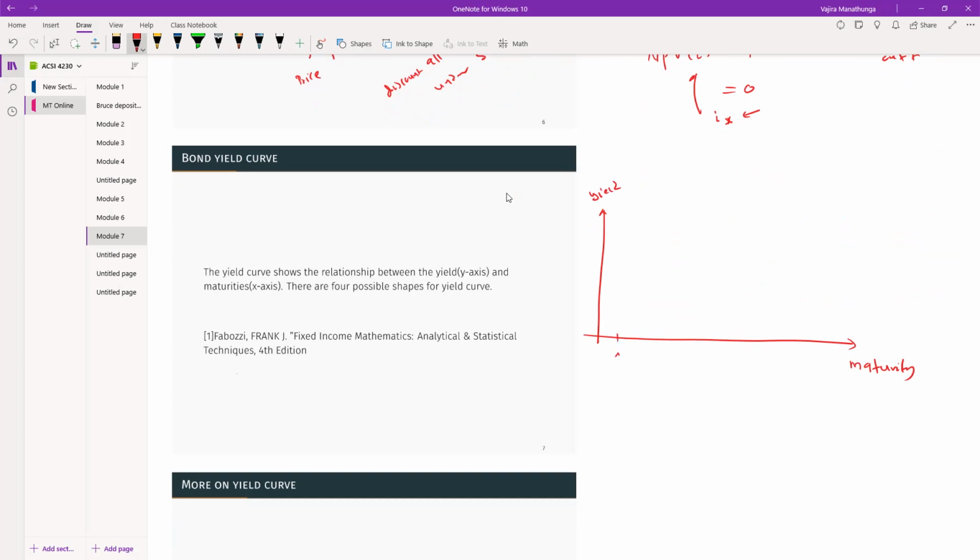You have, let's say, 1 month, 2 month, 6 month, 1 year, 2 year, 10 years, and so forth, and you have these yield rates. When you combine that, it becomes the yield curve. One thing for sure, the yield curve depends on the day.